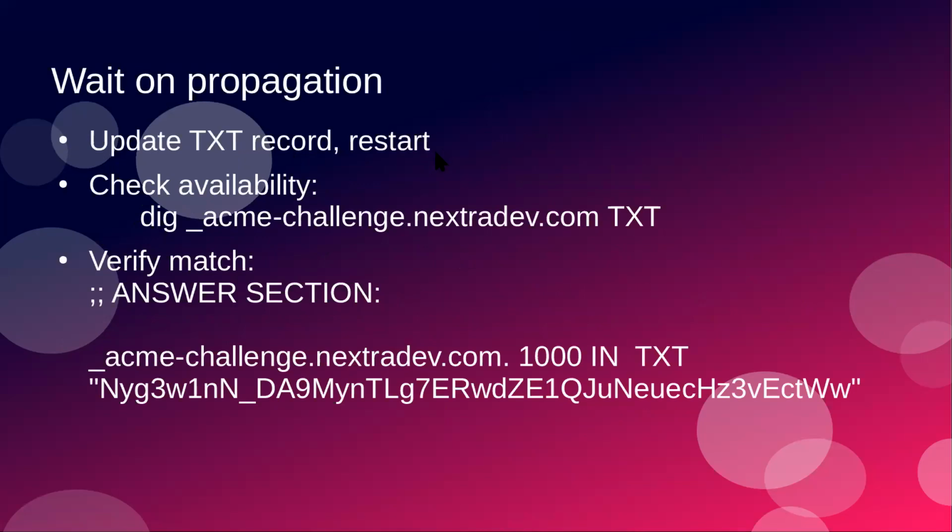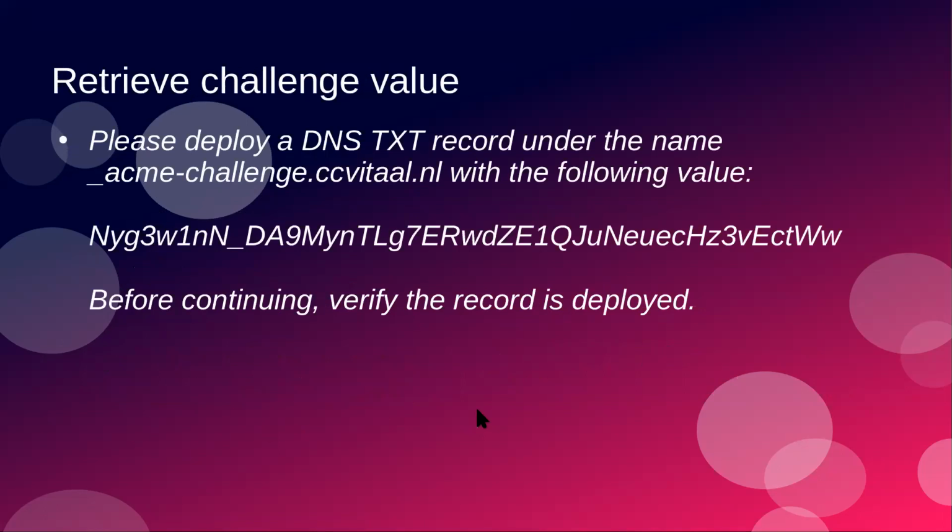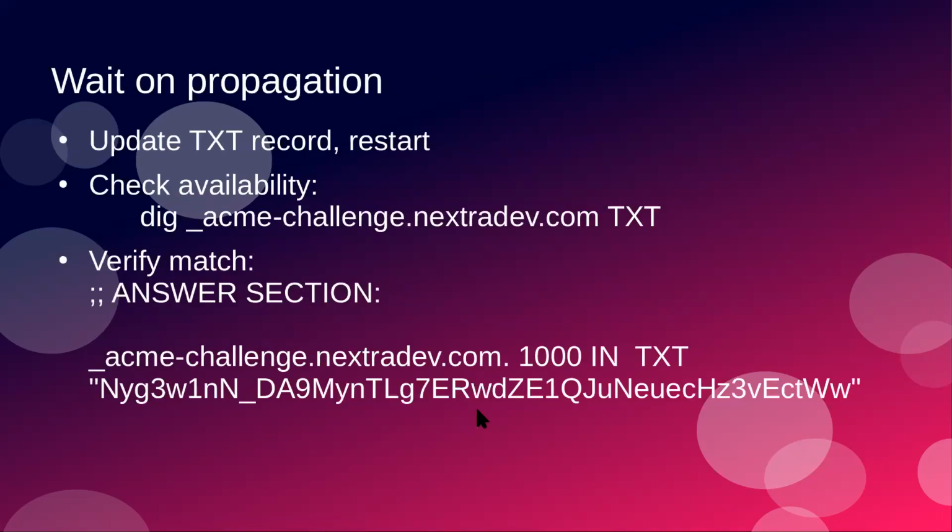And then I wait a few minutes. I updated the text record, restarted DNS, and then I waited 3 or 4 minutes, dig _acme-challenge.nextdev.com txt until the answer section had the key that matched what I put in DNS, which also matches what I got from certbot. Make sense?